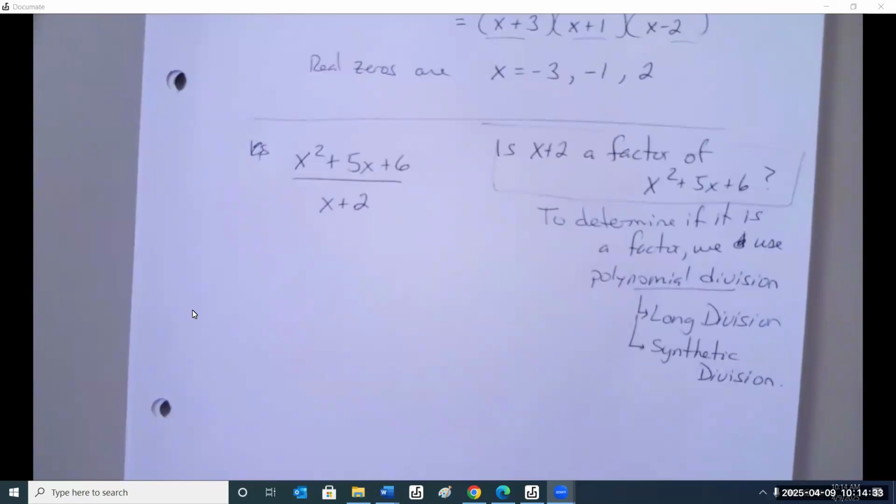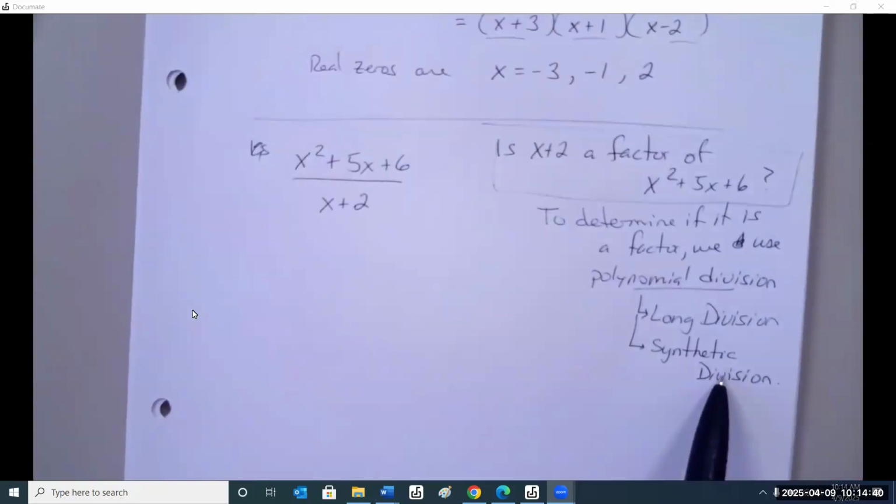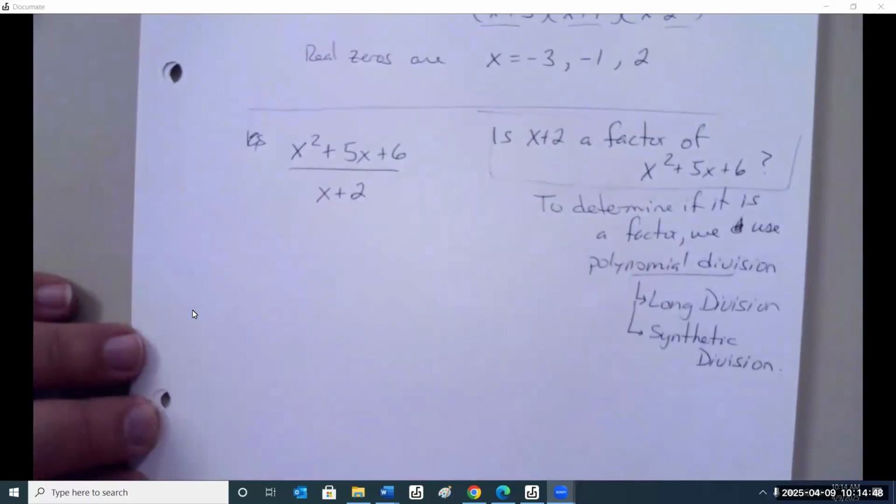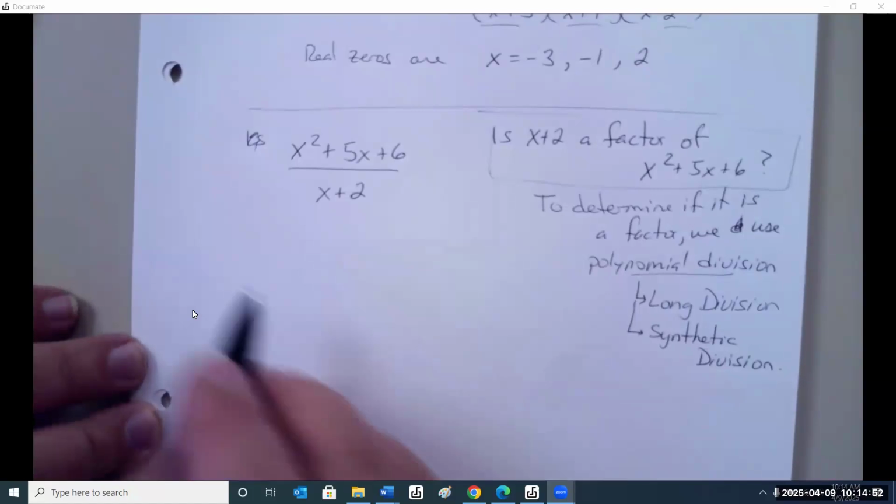The difference of those two: long division is a division we're used to. Synthetic division is a division process that only uses the coefficients, the numbers. There are no letters in it. So let's look at this.